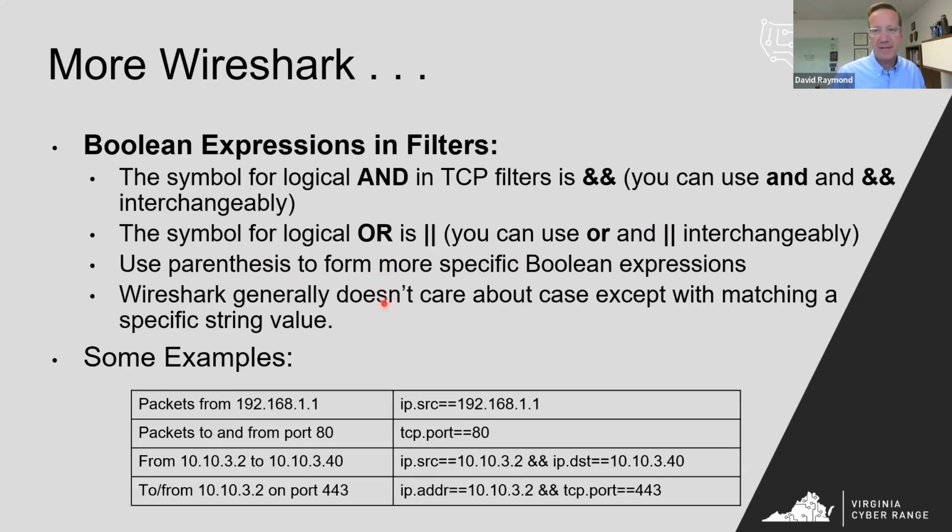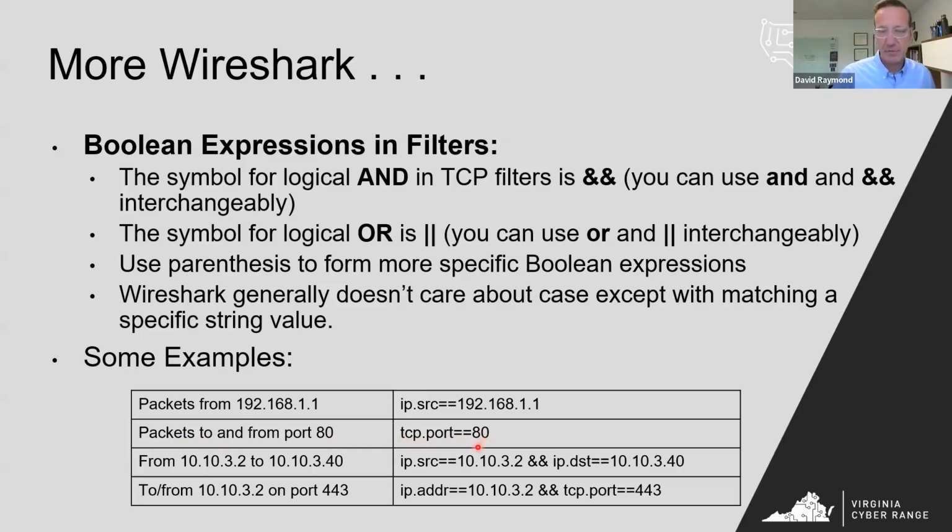Wireshark generally doesn't care about case, except for when you're matching a specific string value. And I'll talk about matching string values in a minute. So here's some examples, right? If I want to show packets that are coming from 192.168.1.1, then I would put in this filter, ip.src, which is source IP address, double equals 192.168.1.1. If I want to see packets to and from port 80, then I put tcp.port double equals 80.